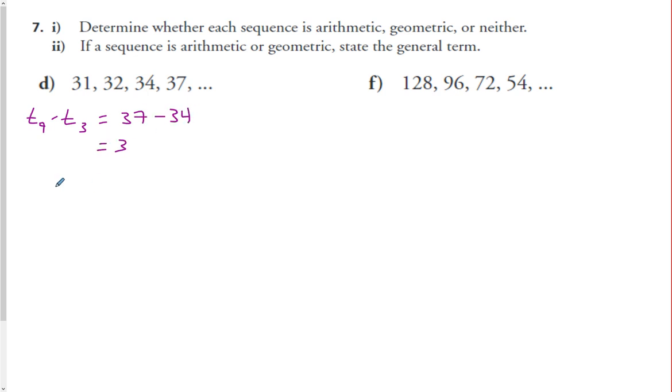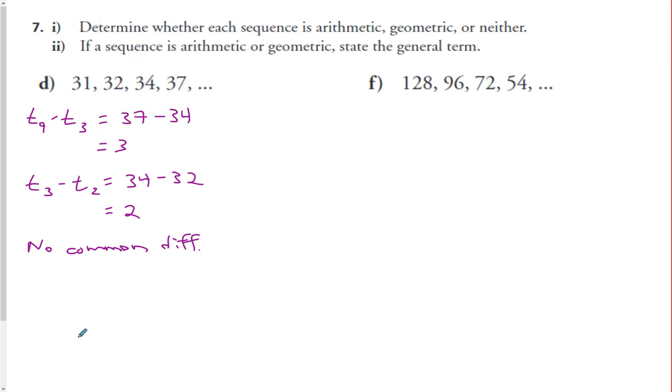So that's a difference of 3. And my third term minus my second term. That's 34 minus 32. So that's a difference of 2. Before that, it's a difference of 1. So I say there's no common difference. So that tells me that it's not arithmetic.